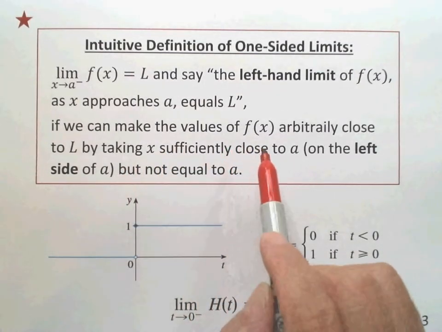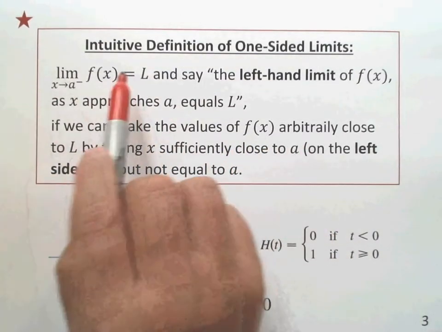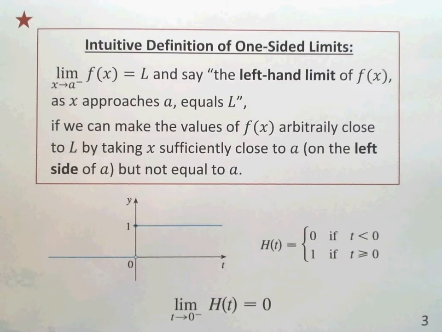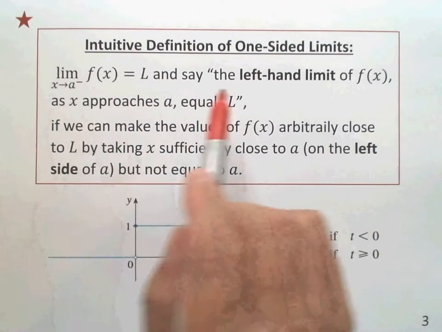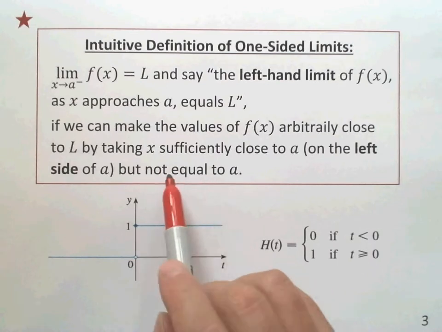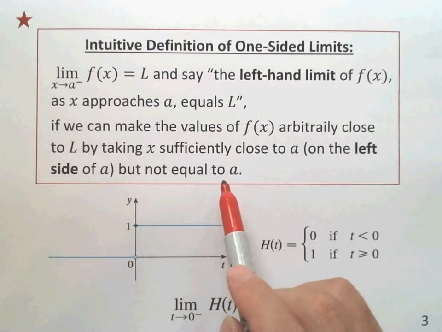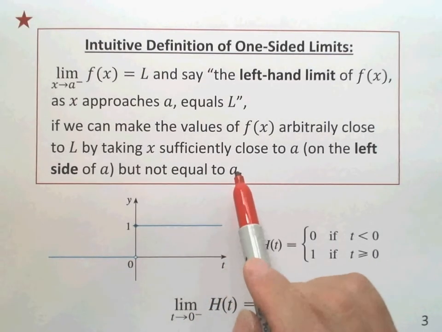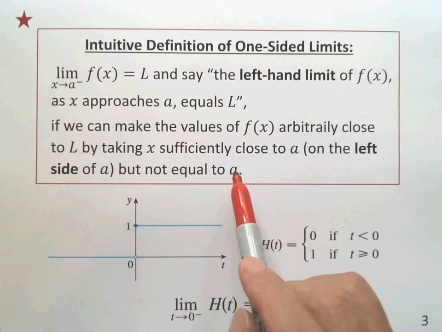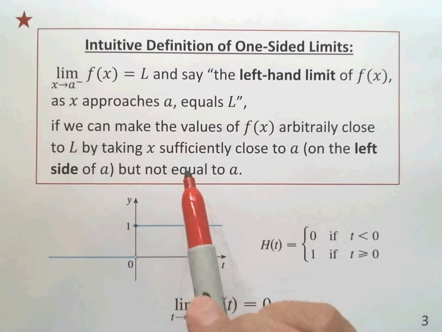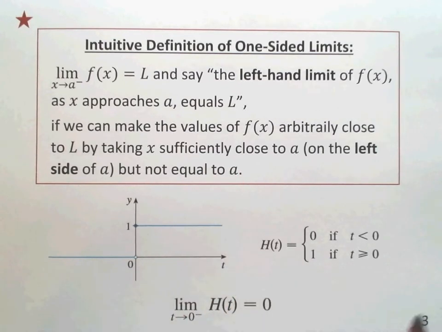By taking x sufficiently close to a, arbitrarily close to a from the left side, on the left side of a. Keep in mind x does not equal a, still the same. We don't need to consider the value of the function at a. All we need is to look at the neighborhood from the left side of a.